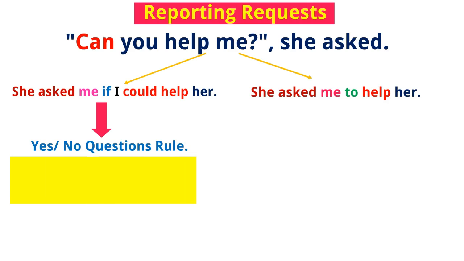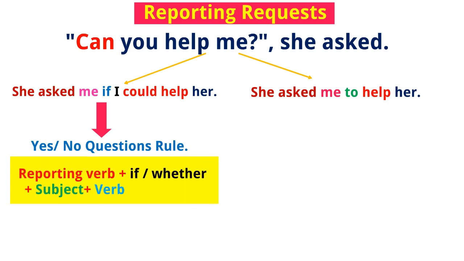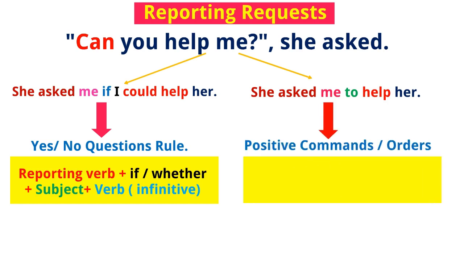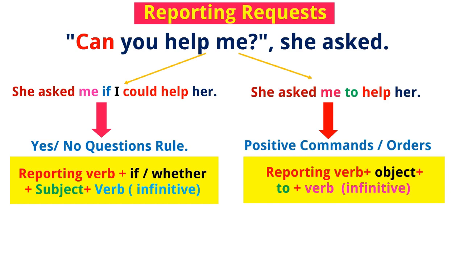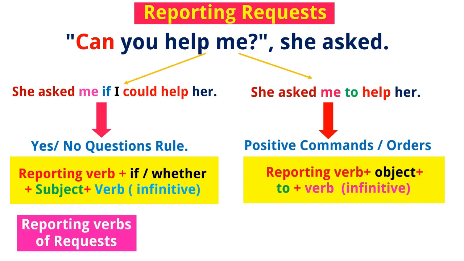So in reporting requests, we can use the yes or no questions rule, which is reporting verb plus if or whether plus subject plus verb, or the rule of positive commands or orders, which is reporting verb plus object plus to plus verb in the infinitive. Reporting verbs of requests are asked or requested, etc.